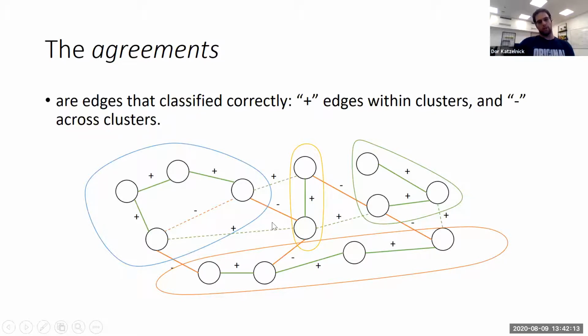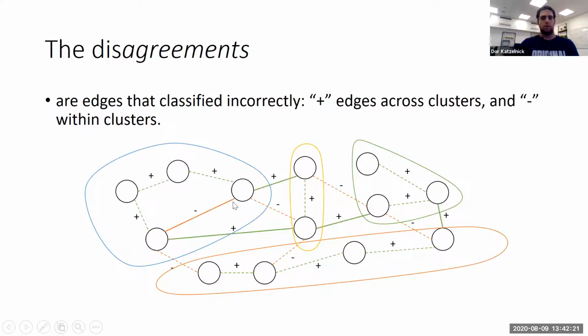Here we have all the agreements in bold, and all the rest of the edges are called the disagreements. The disagreements are the edges that are classified incorrectly. For example, the plus edges that go across clusters and the minus edges that are inside clusters.